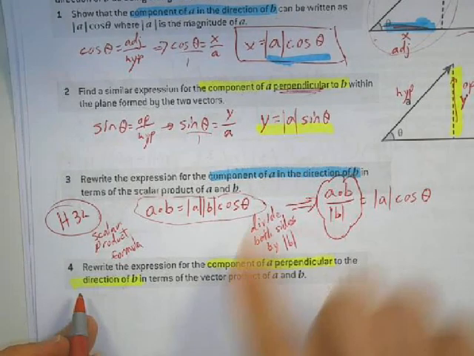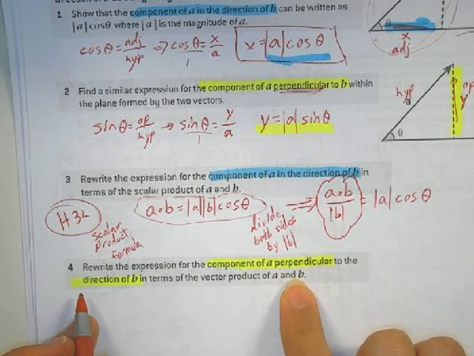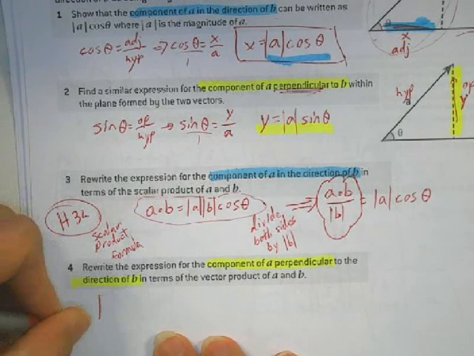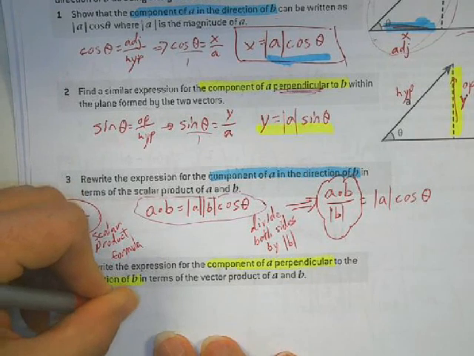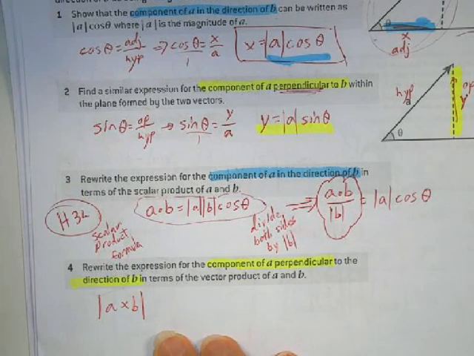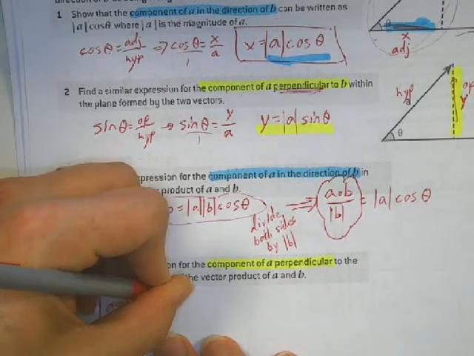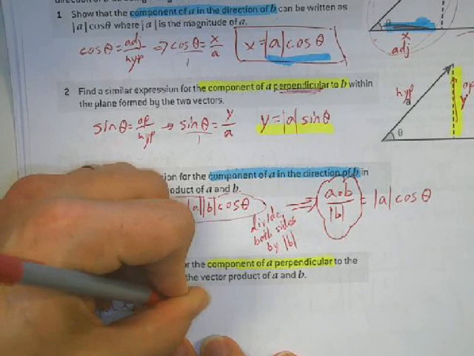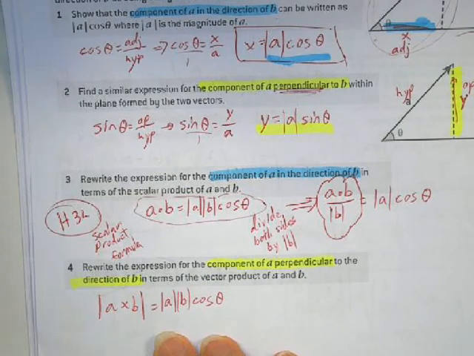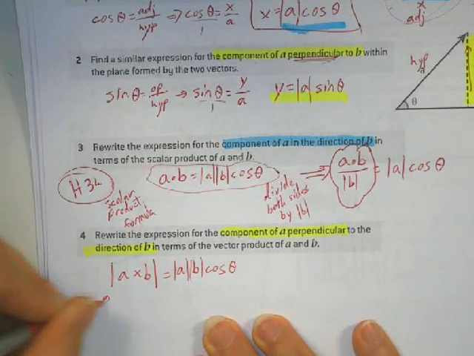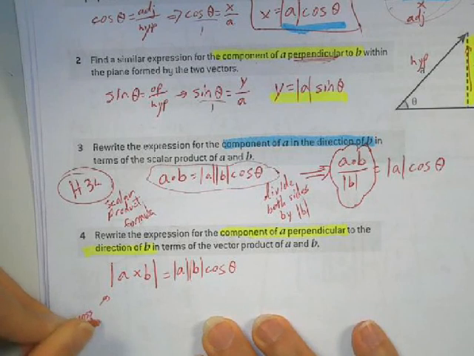Now, if it's perpendicular, then we know the magnitude of the cross product is equal to A B sine theta. So this is the cross product vector, right?